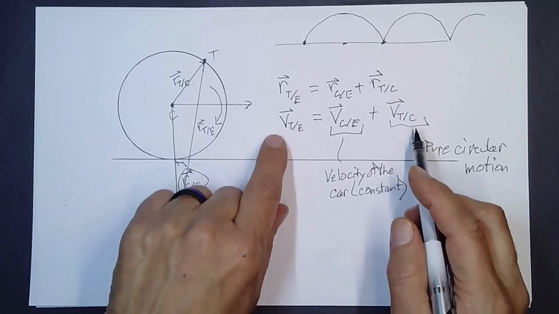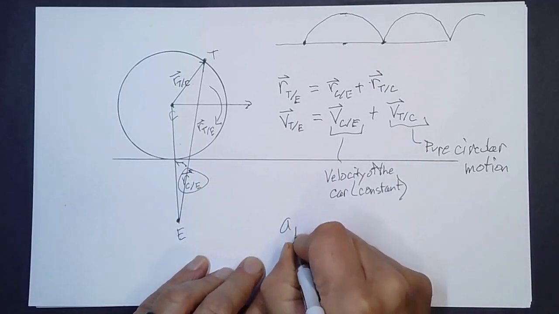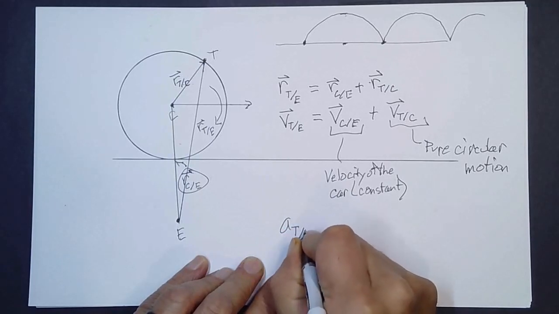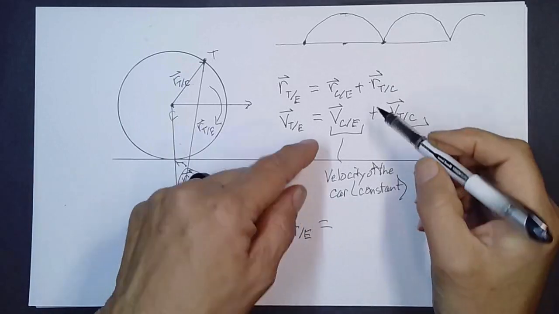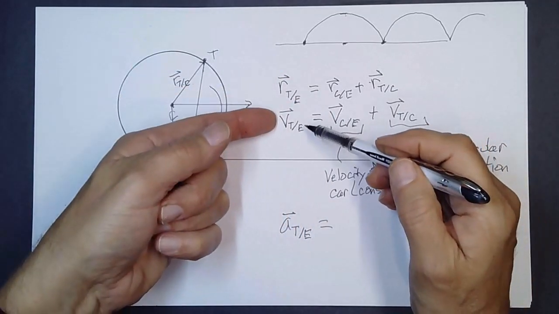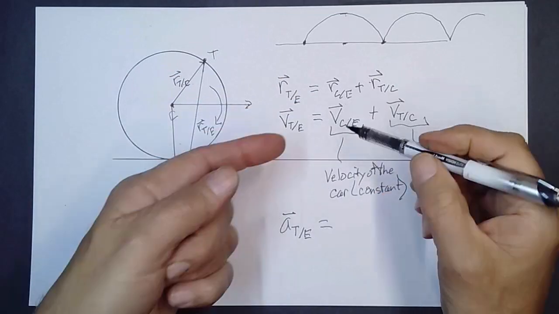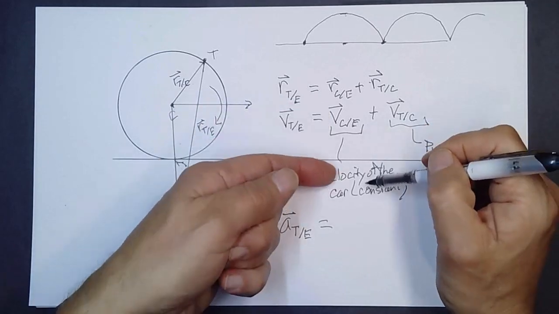But let's take a derivative of this. Let's figure out the acceleration of that tire with respect to the earth. Okay, well, we take the time derivative of this to get this. We take the time derivative of this, and it's a constant.